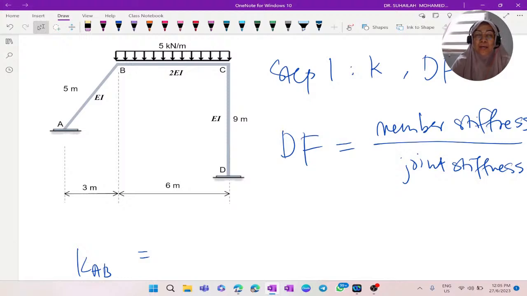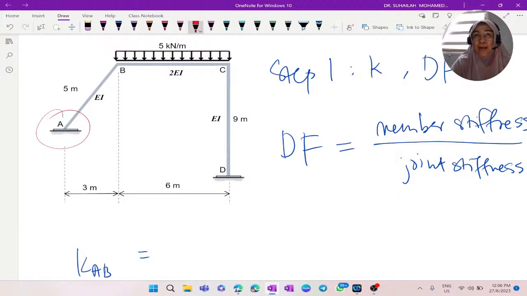And don't forget the support also plays an important role, because we have to consider the far end condition of the member when we calculate K. So normally we have two formulas to calculate K, for two far end conditions. One is far end fixed, and another is far end pin or far end roller.